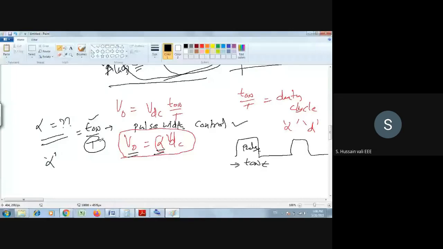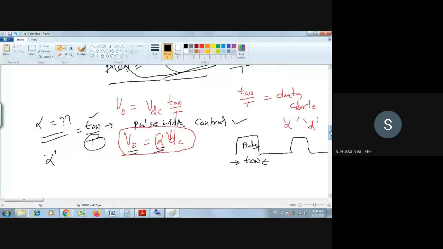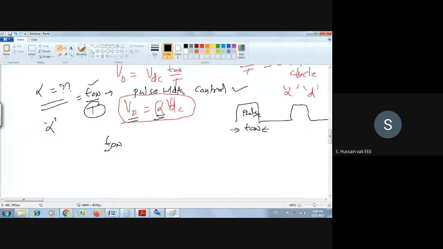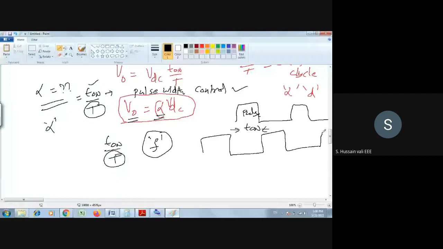There is one more thing I will tell you. I will not change T on, but rather I will change capital T. Changing capital T is nothing but changing the frequency. Changing the frequency means this is one pulse with T on, and this is another pulse with T on. They may differ, but the frequency here is different: F1, F2.